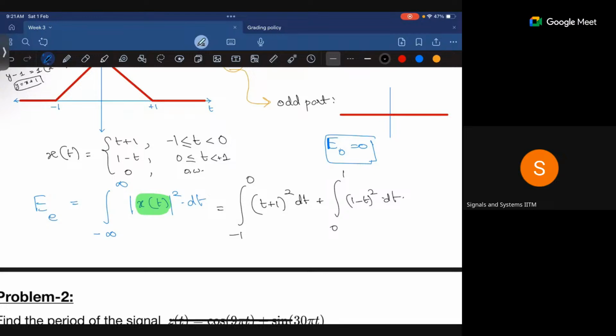From here it is just computation: expand, simplify, get the answer. I'm not going to do this. What I want is the final answer from you guys.